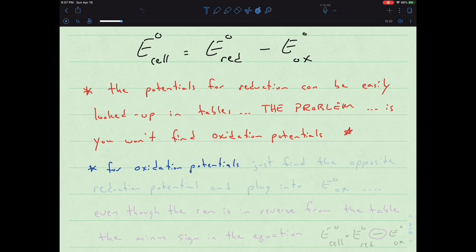For oxidation potentials, just find the opposite reduction potential and plug into E_ox, or oxidation potential.